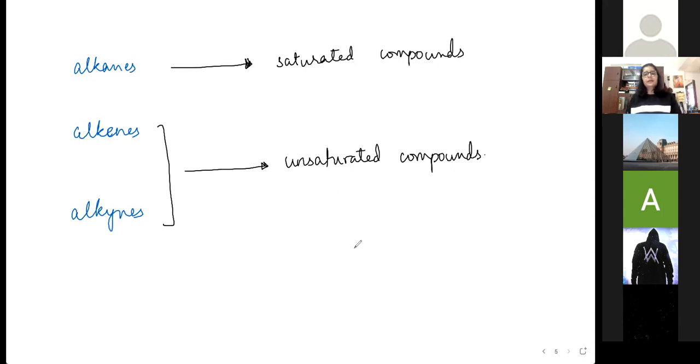Where have you guys come across this word before? Saturated, unsaturated, like as what? Solution. So what is the meaning of saturated or unsaturated? Saturated means it is filled, it is full.